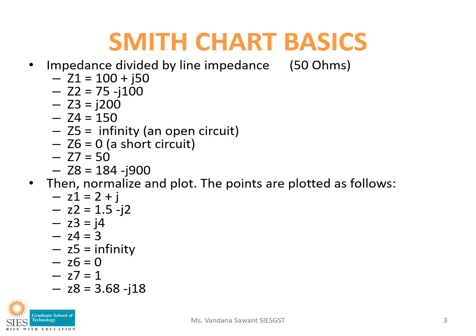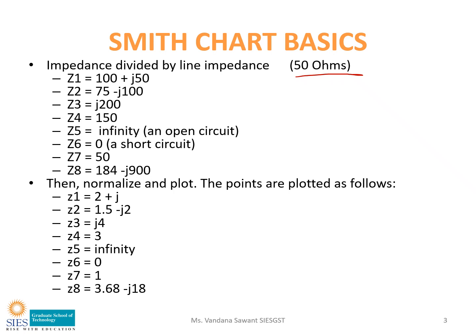For normalizing these values, we have to divide each and every value of ZL with the characteristic impedance. For example, if the characteristic impedance is 50 ohm, and if the load impedance value is 100 plus J50, then we have to divide this 100 plus J50 by 50.